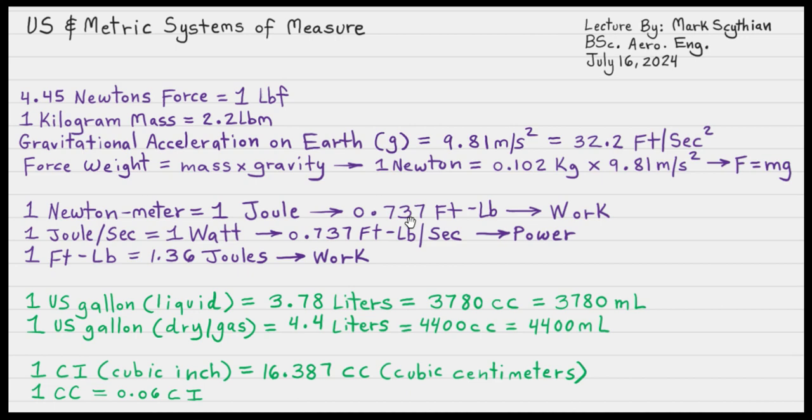So now when we divide the work, or the force times distance, into time, we now have the potential energy as a function of work converting into a kinetic energy over the function of time. So 1 joule per second is 1 watt, which is synonymous with 0.737 foot-pounds per second, a unit of power. So if we divide the work into time, we get power. So hence the completion of the Old English system into the metric system.